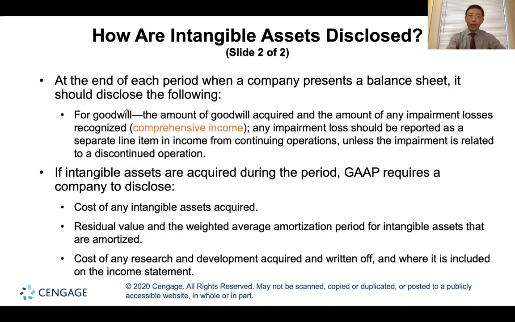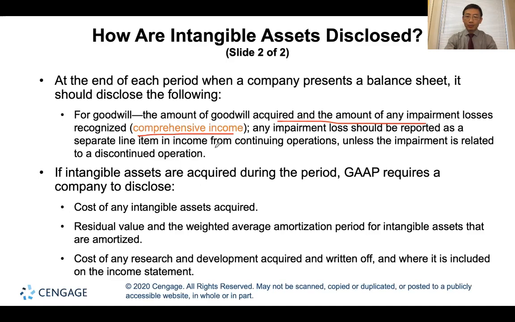Okay, and then goodwill. For goodwill, we have a special disclosure. We need to report the amount of goodwill acquired and the amount of impairment. But because goodwill is measured as a fair value, we put this kind of impairment losses into comprehensive income in the balance sheet.